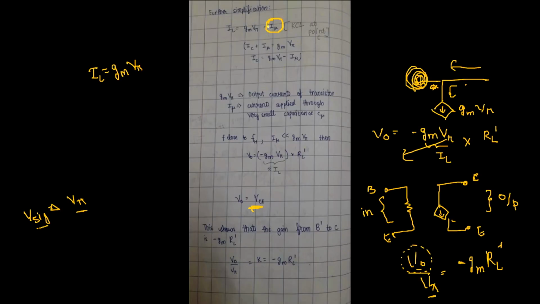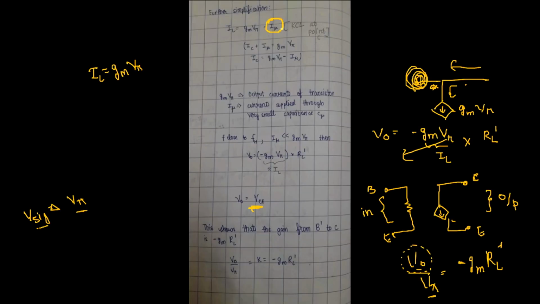So now we used an approximation that there is no current through I mu and solved the expression for V output. However, now we know that there is a very tiny current flowing through. So to find that current, we can actually use V pi minus VO, which is the potential difference across here. This is VO and this is V pi.